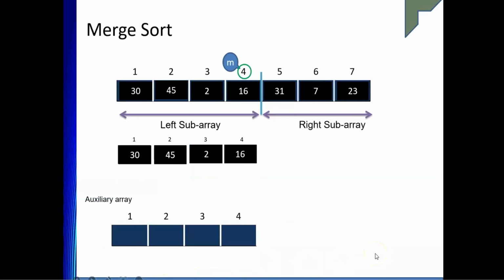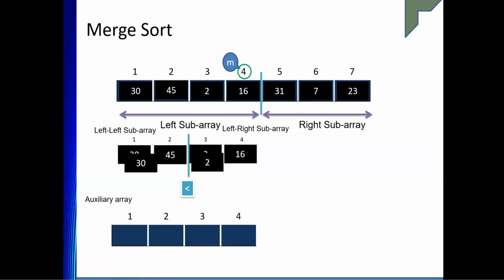Now I take the auxiliary array itself. If you see one particular thing here, I take this left sub array and the left-right sub array. So I have 30, 45, 2, 16.